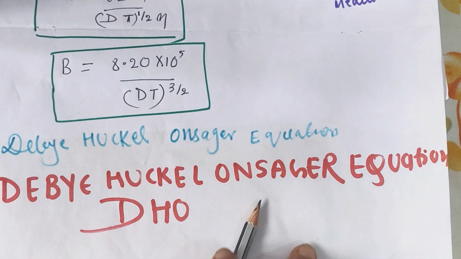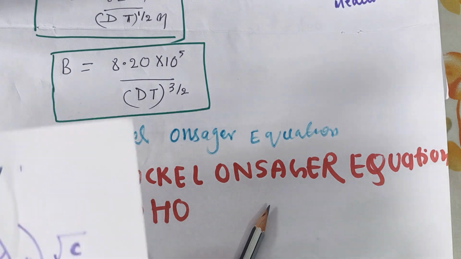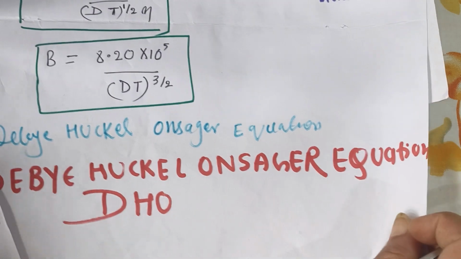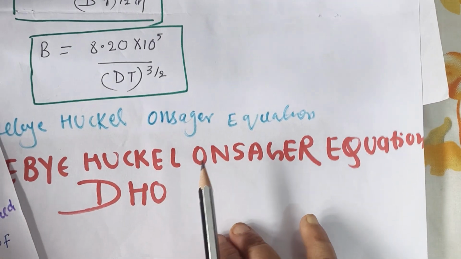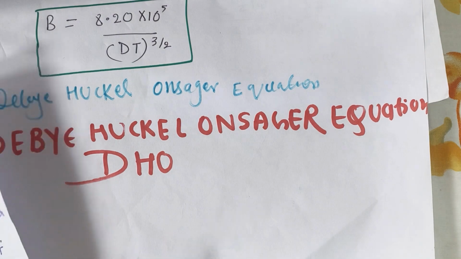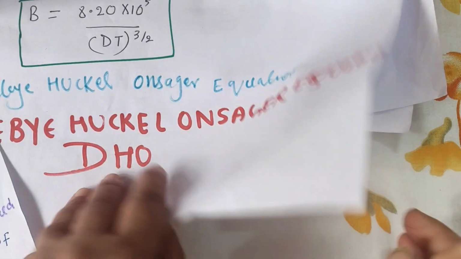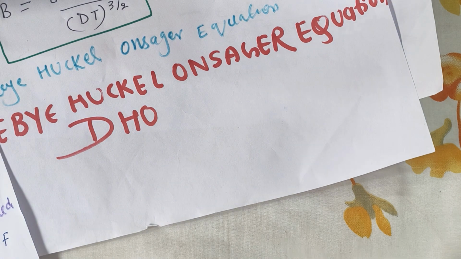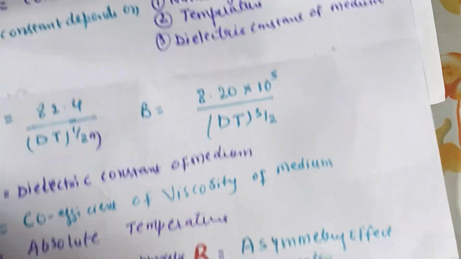And if you want to continue with the verification of the Debye-Huckel-Onsager equation, we can continue with this. In the starting I told you we got the values of this Debye-Huckel constant. Just a minute. Okay, so we have these two.